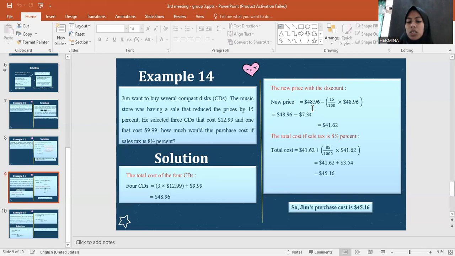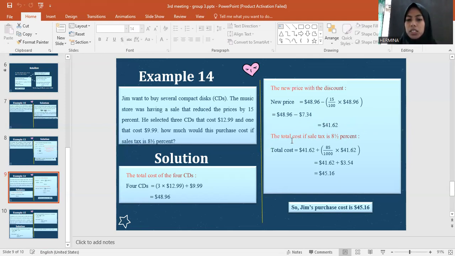So the new price is equal to $48.96 minus open bracket 15 over 100 times $48.96 close bracket. So it equals $48.96 minus $7.34. The answer is $41.62. So the new price with discount is $41.62.